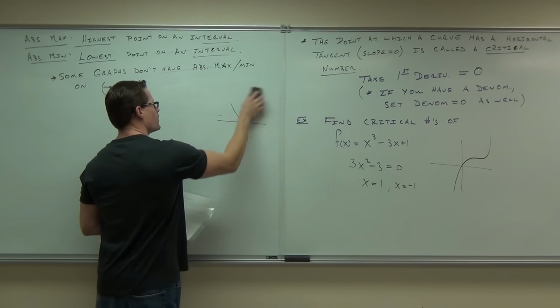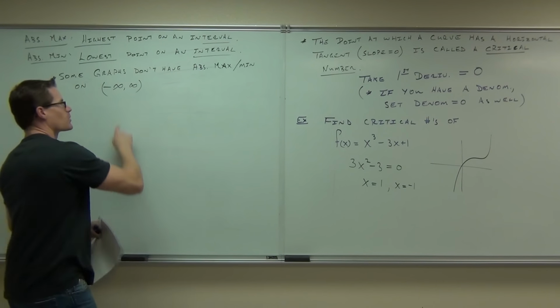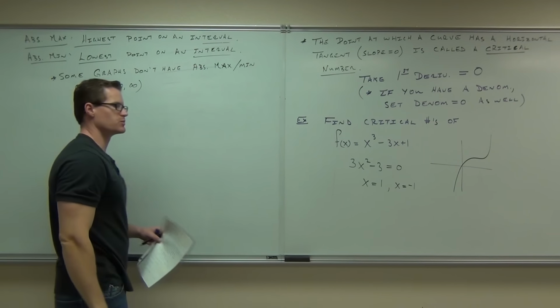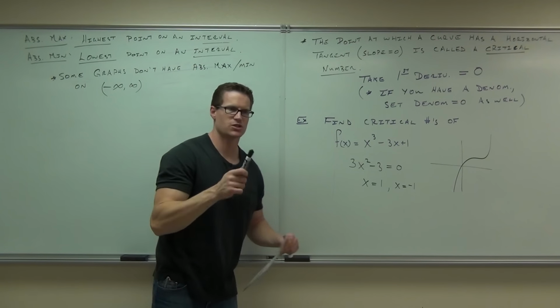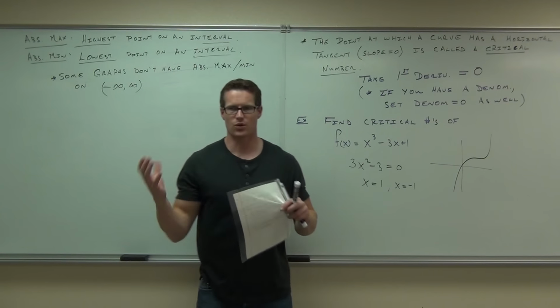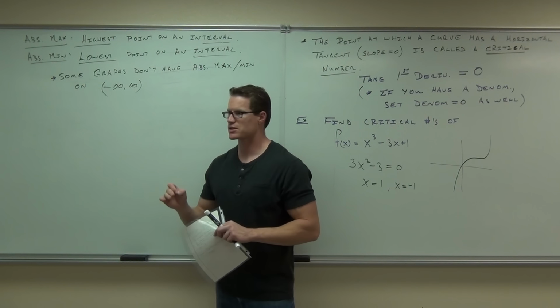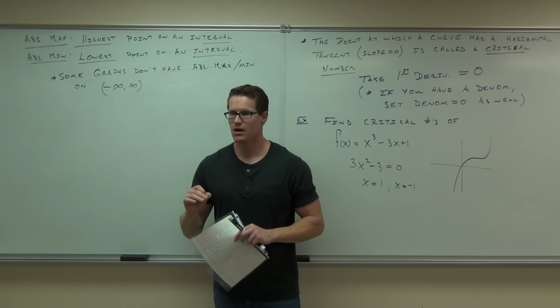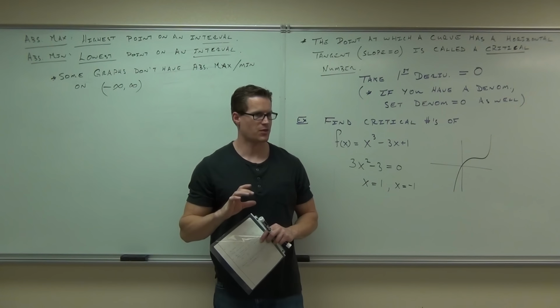Okay, so even though some graphs don't have an absolute max or absolute min on this, let me make a little suggestion to you. I'm going to suggest that every curve in the world has an absolute max and an absolute min on a closed interval. Would you agree with that?